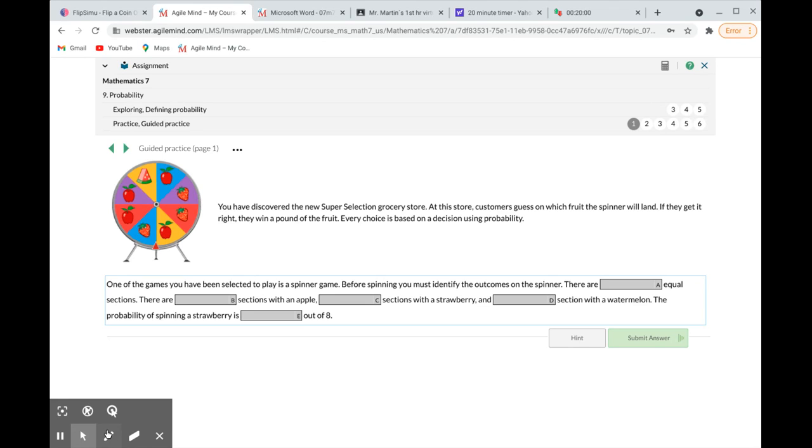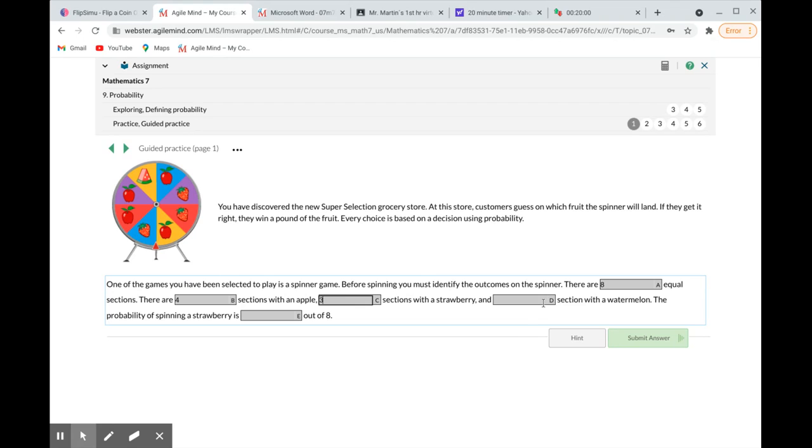All right. So how many sections are there, and how do you find those? There's 8 sections, and you can count them. All right. And so how many sections have an apple? 4. How many sections have the strawberry? 3.